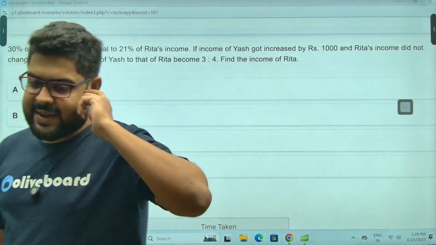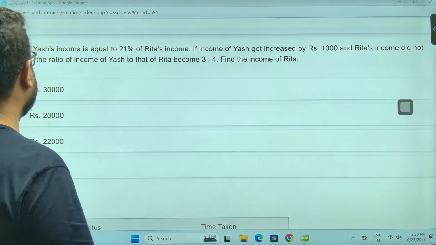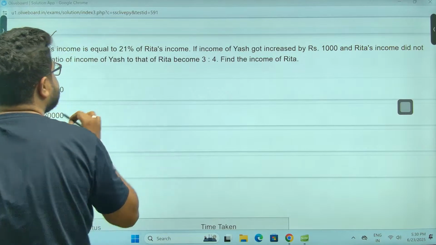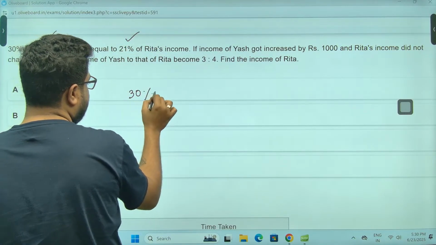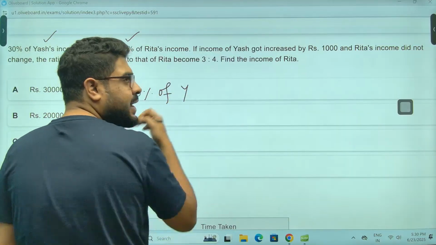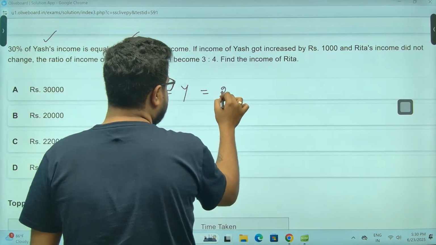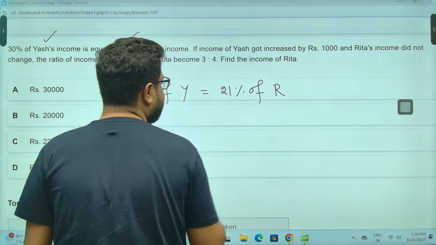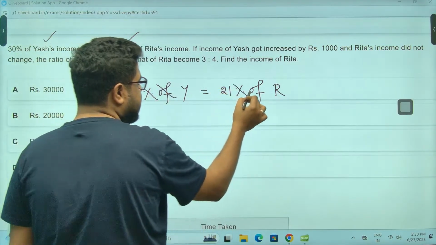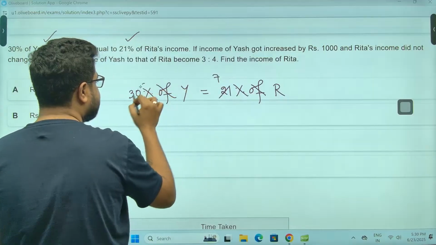Yes, Raghu, your answer is correct, brother. Absolutely correct. Now, 30% of Yash's income equals this. So 30% of Y, where Y is the income of Yash, is 21% of R, Rita. The percentages cancel: 3 sevens, 3 tens.